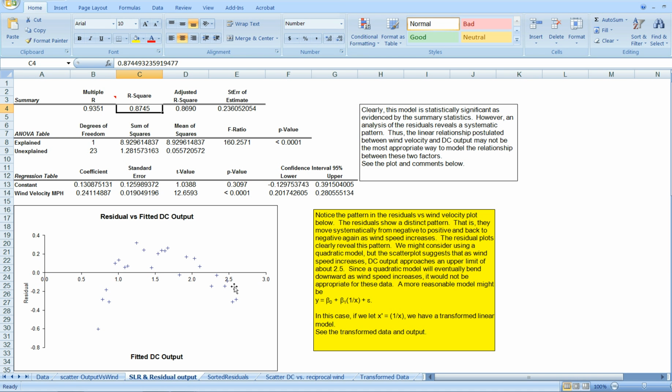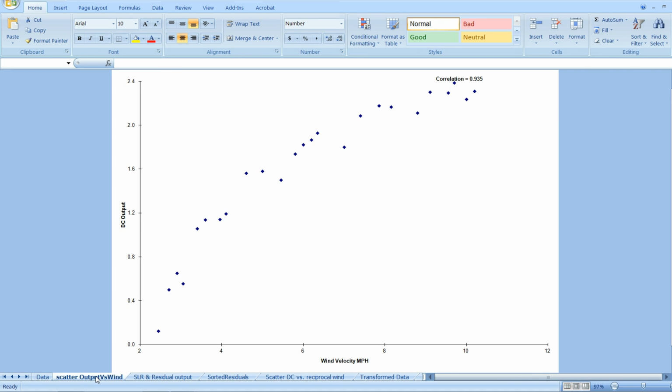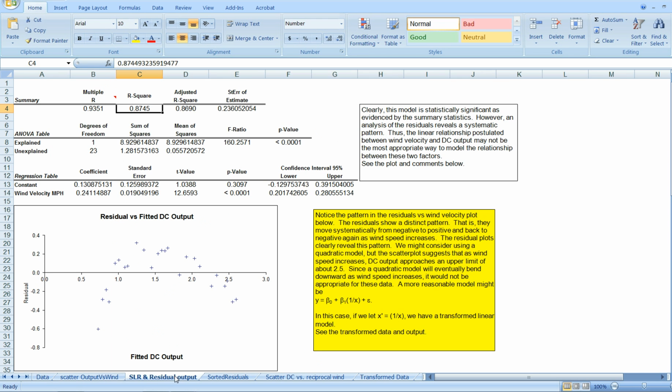But the thing about quadratic models is, they go up and then they come back down again. And if we take a look at that scatter plot, you notice that as the wind velocity increases, it looks like the DC output is approaching an asymptotic condition. And so what I did, and it's highlighted here in this yellow text box, is I am going to investigate the relationship between the DC output and the reciprocal of the wind velocity.